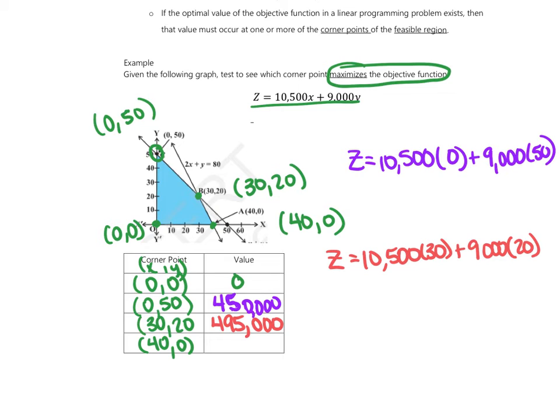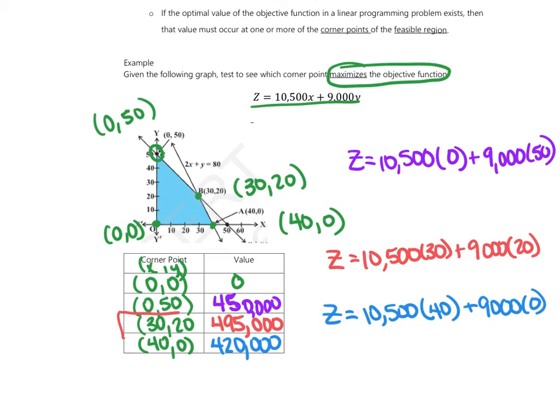And then we'll do the last one, which is 40, 0. I get this value right here, $420,000.